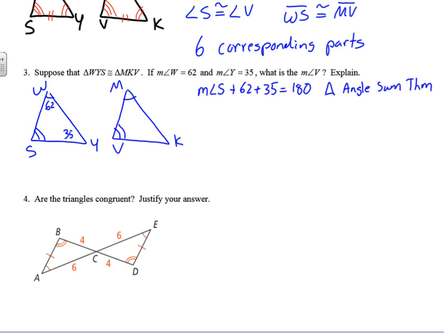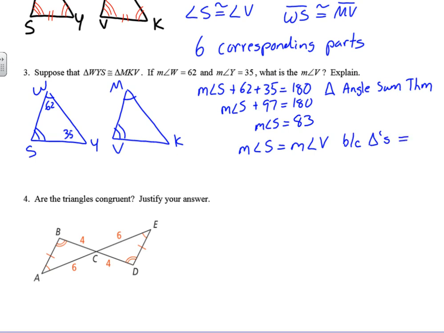We know they all add up to 180. So the measure of angle S plus 97 equals 180. If we subtract 97 from that, what does that give us? 83. So 83. And then we know that the measure of angle S equals the measure of angle V, because the triangles are congruent.